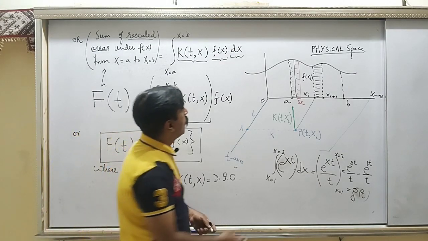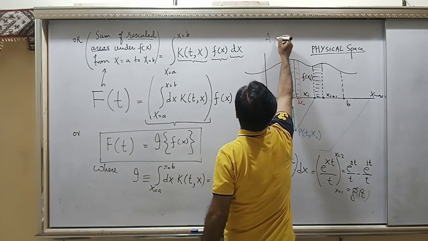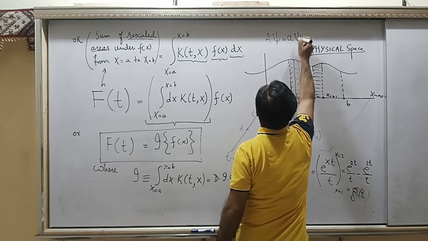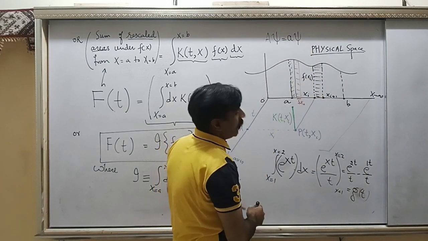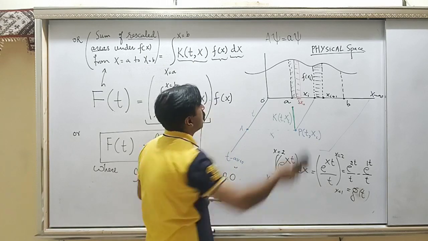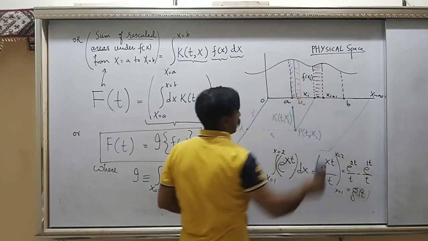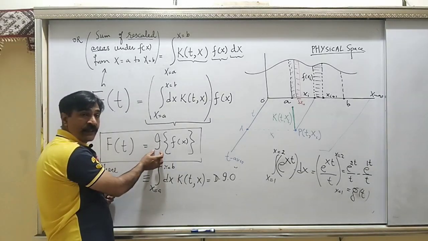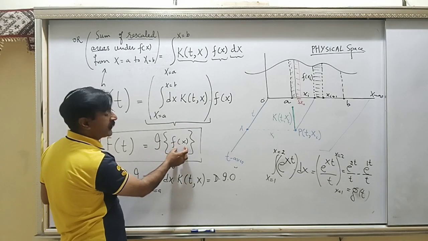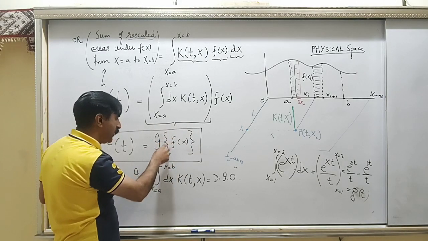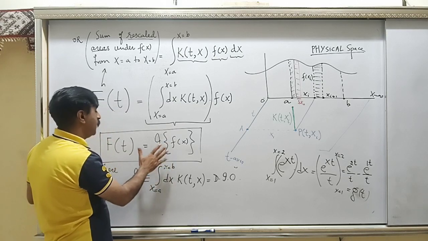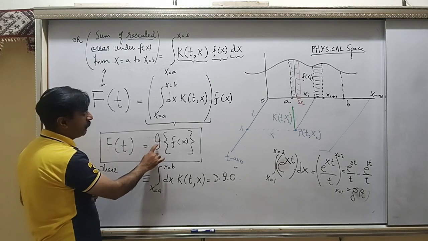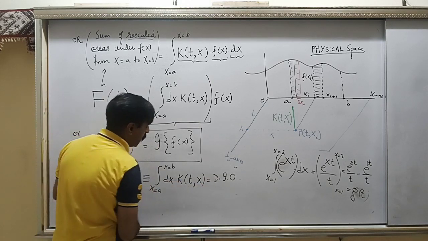Usually when you say that A is an operator acting on some function to give you a new function, the notation is also new: I is an operator, it is acting on f(x), and the action is represented by a curly bracket, right? And this will give you a new function and a new variable, and remember this I is this.